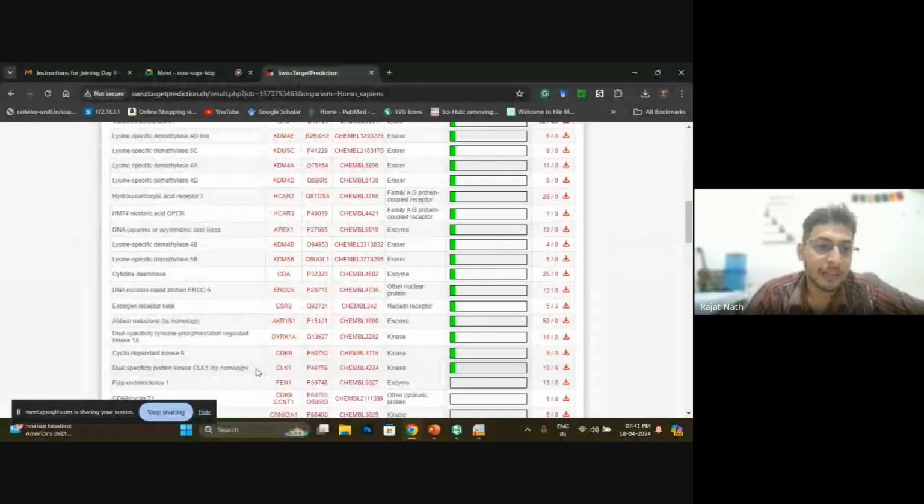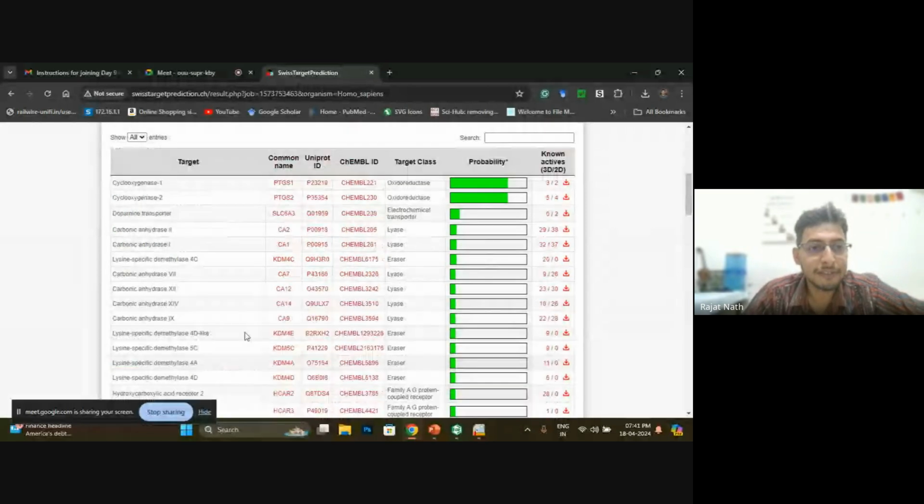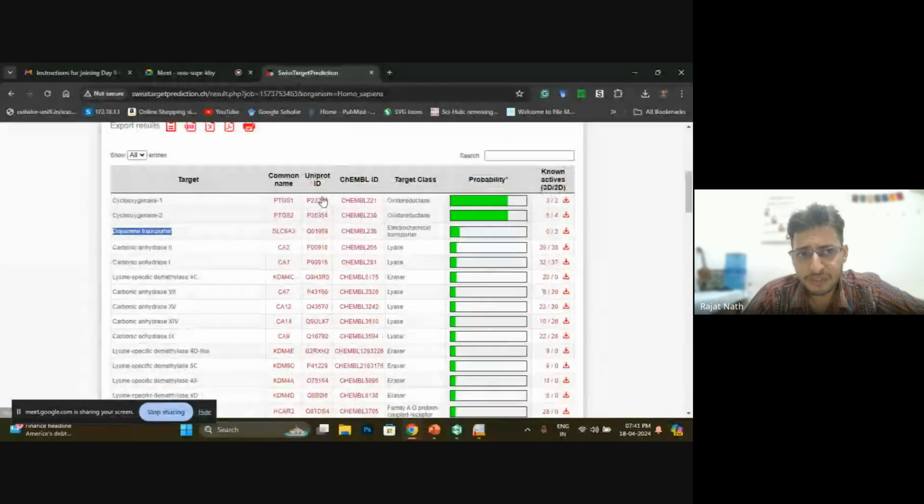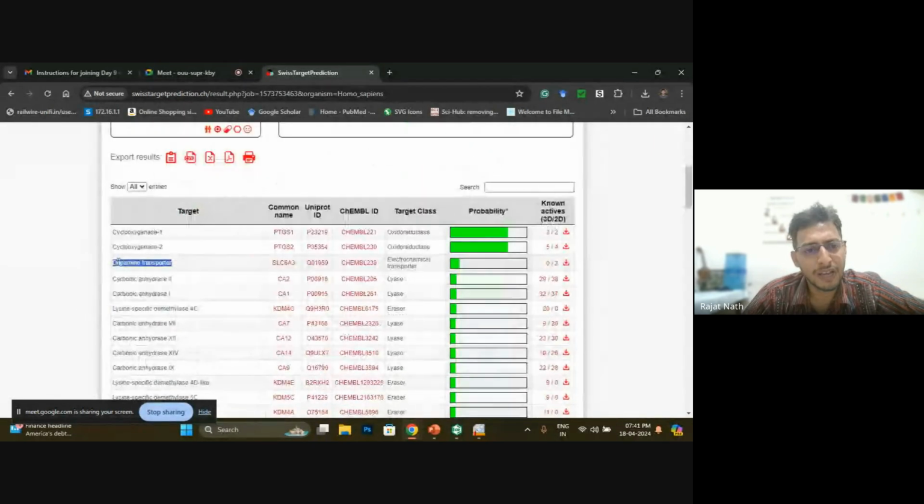Now see, first one is cyclooxygenase 1, second one is cyclooxygenase 2, third one is dopamine transporter. Now it is showing that the dopamine transporter is inhibited by the compound. So if you are working on neuroscience, then you may know that dopamine transporter is related to Alzheimer's disease or Parkinson's disease.